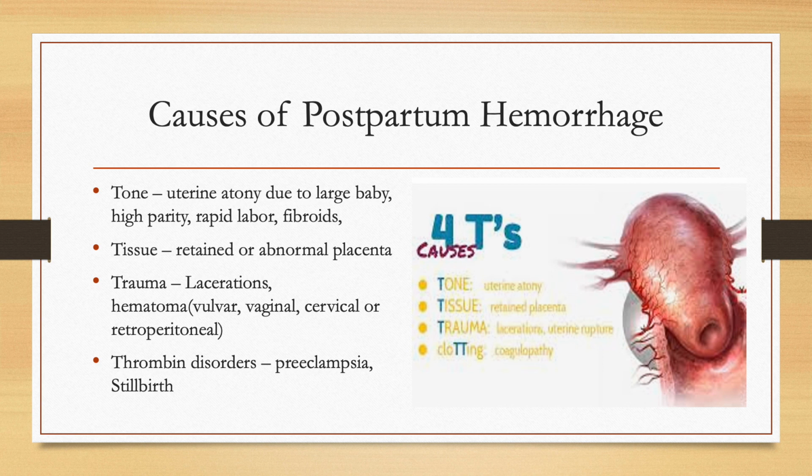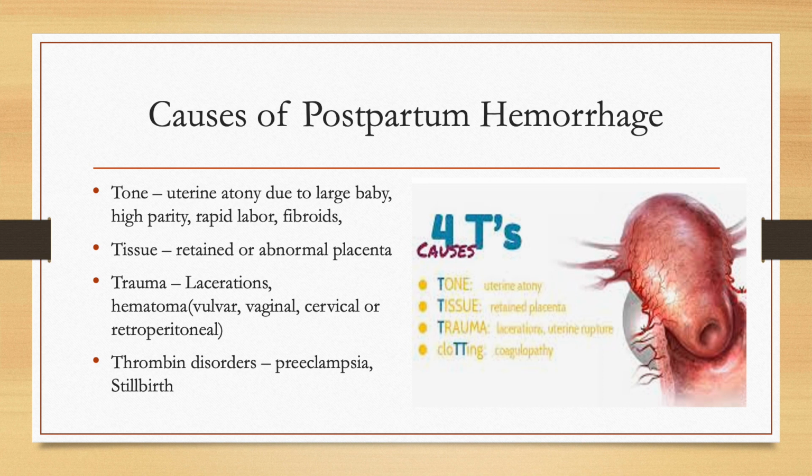We need to make sure that the lacerations are being repaired and that there is no bleeding after a repair. If you have a patient who develops a hematoma, we need to monitor it because even though you're not going to see a saturated pad, the hematoma will grow and you need to assess your patient. Okay, that's the only way that you're going to be able to find it, and it needs to be addressed.